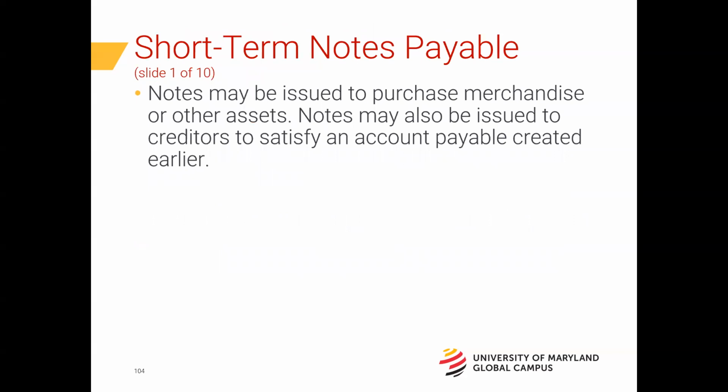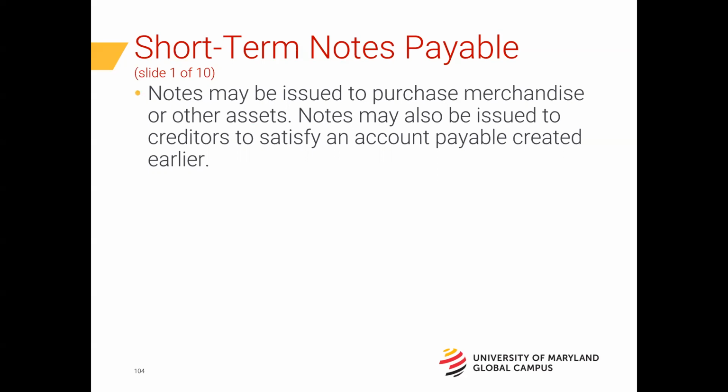Another form of a payable is a note. A note is a loan, as I had said earlier. Sometimes a company takes out a loan. Some of them can be what we call short-term. A short-term note is a loan that I expect to pay within 12 months or less.